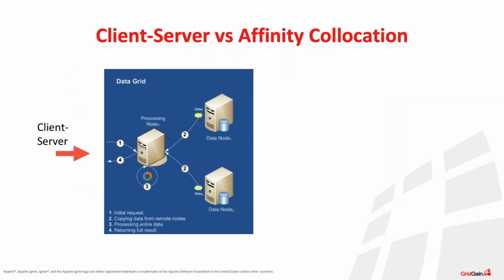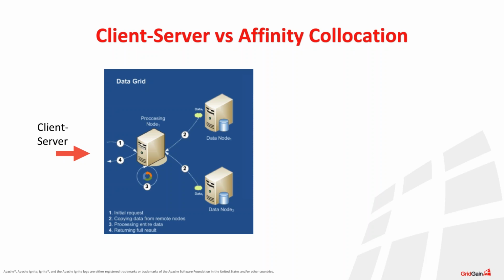And you can think about affinity collocation as a different approach to development in distributed systems, opposed to traditional client-server architecture. Because with a simple client-server, any cache operation, read or update, will imply a network trip, and you will also have to send the whole value across the network at least once.